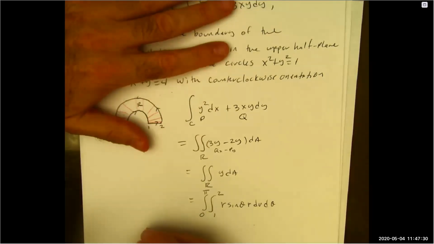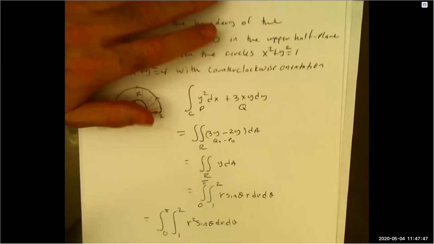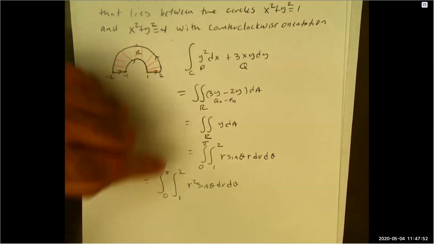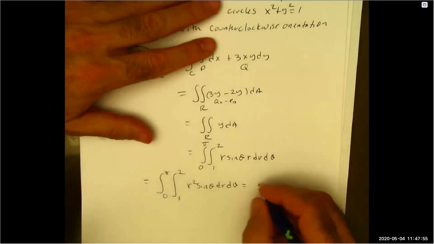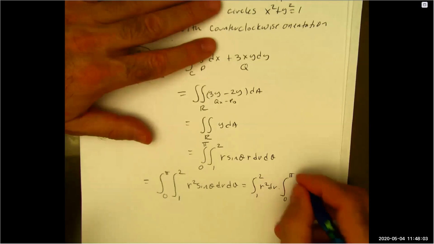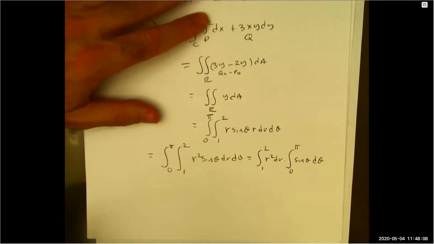All right, so now we're integrating 0 to pi, and then 1 to 2, of r squared sine theta. Since we have a function of r times a function of theta, and we're integrating over a rectangle, we can write this as a product: the integral from 1 to 2 of r squared dr times the integral from 0 to pi of sine theta d theta. Now let's evaluate that.